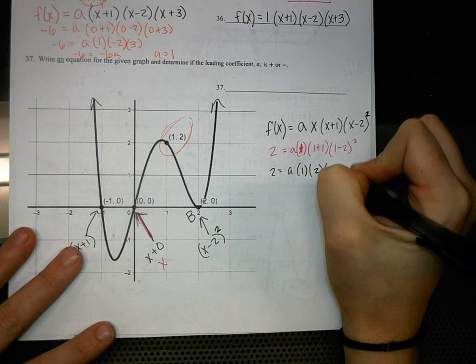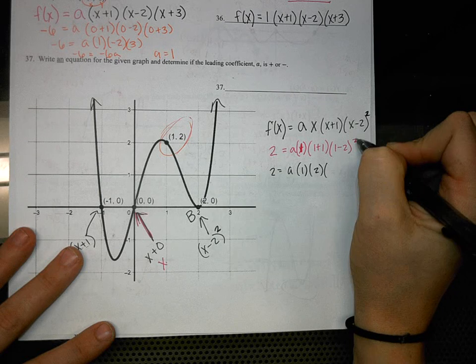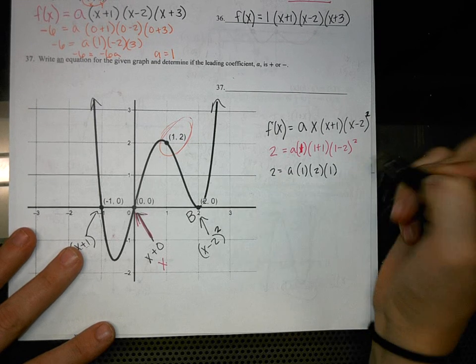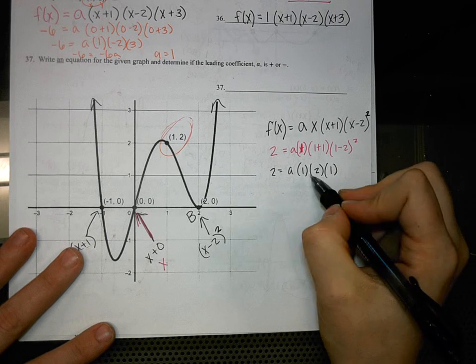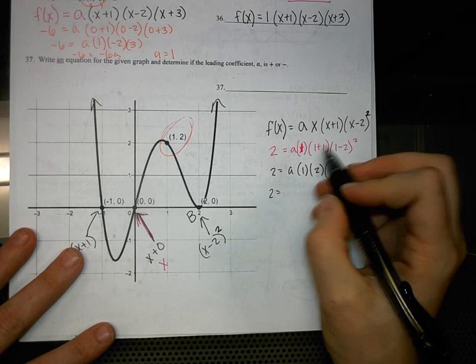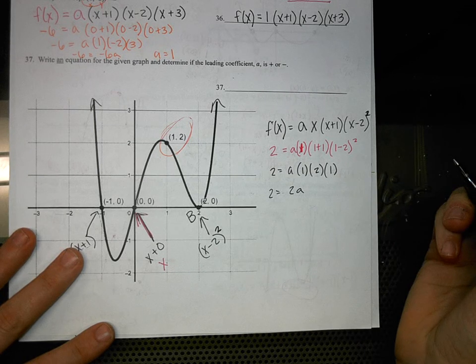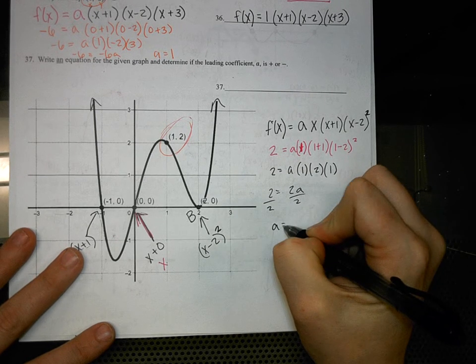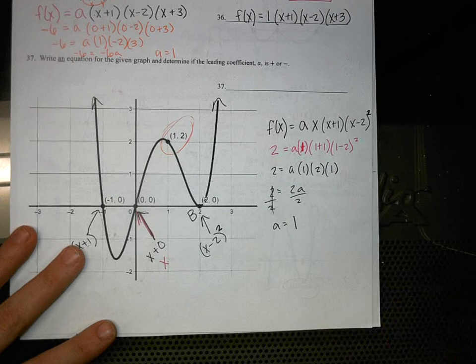So 1 minus 2 is negative 1. Negative 1 squared is positive 1. So I get a times 1 times 2 times 1 is 2a. Divide by 2 on each side, and I get a is equal to 1. So my a value is 1.